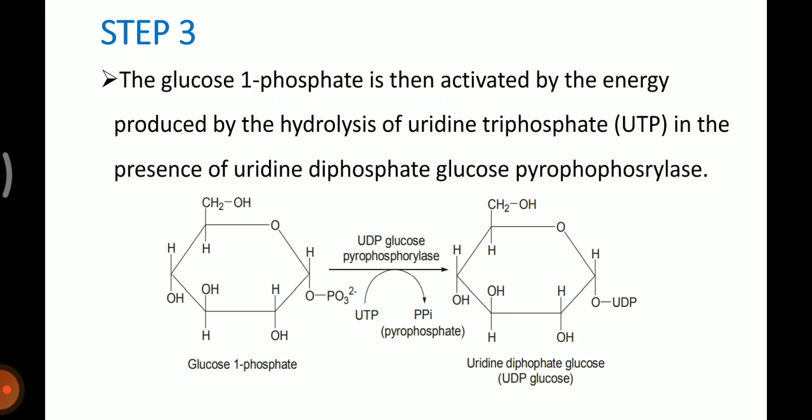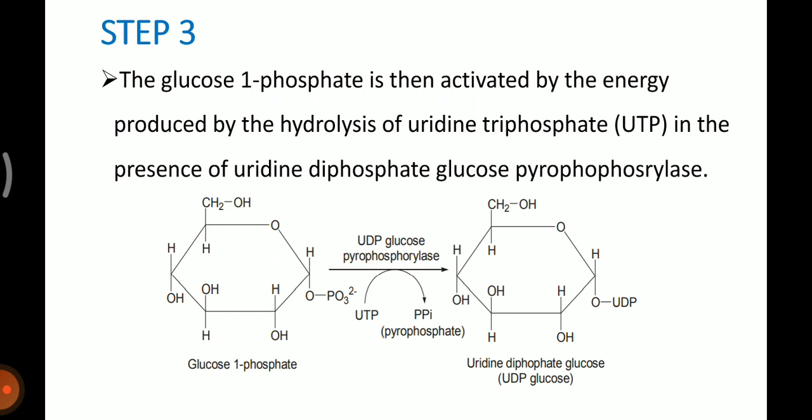This reaction is nothing but a hydrolysis reaction. Hydro in the sense water, lysis in the sense breaking. So when the hydrolysis takes place, the UTP molecule produces UDP and pyrophosphate.